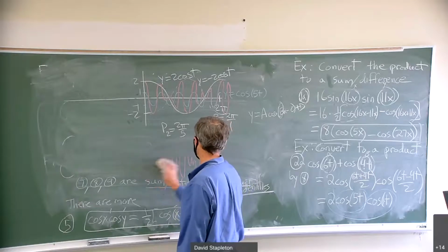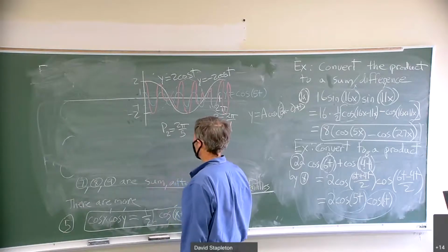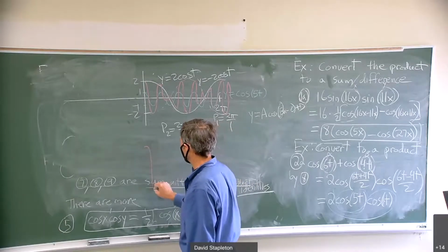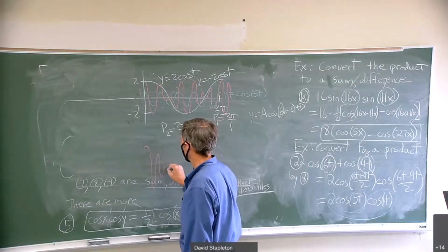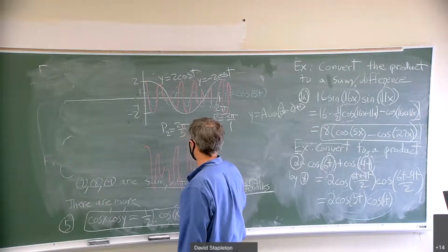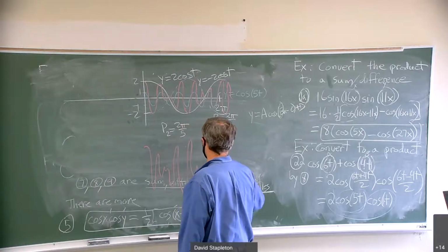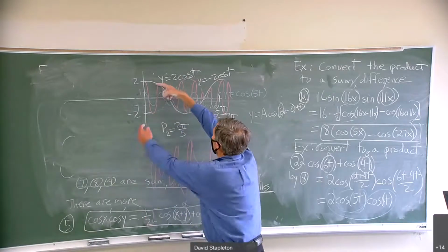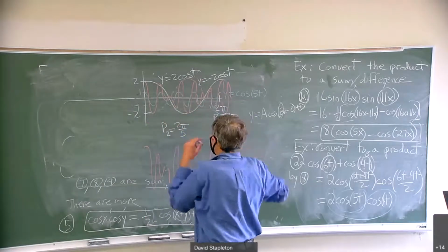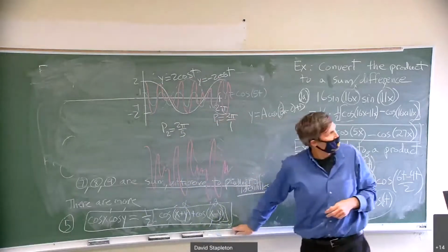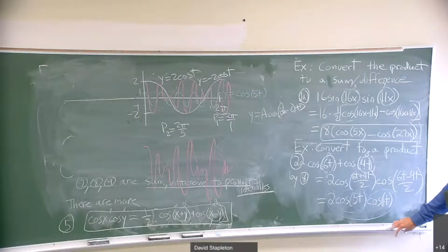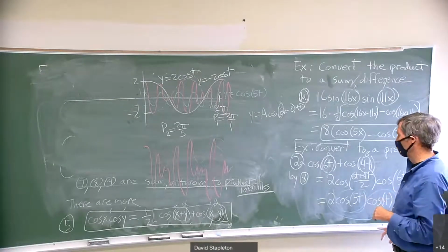But the combined cosine waves get real small and then real big and real small and then real big. I can't draw, but that's the idea. It oscillates between these two on and off, on and off, on and off. And this is what happens when you make two pure tones at the same time.